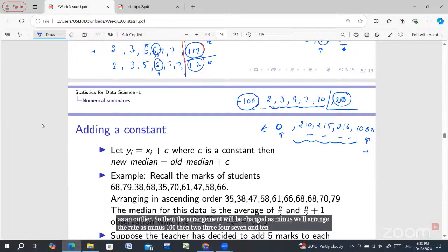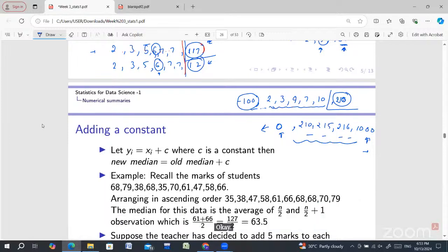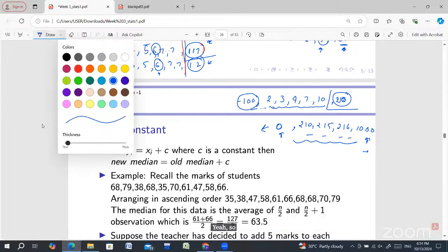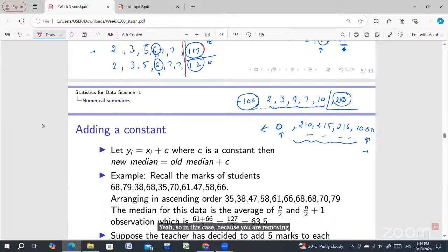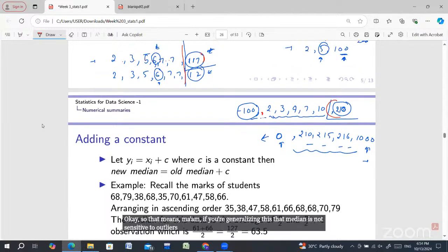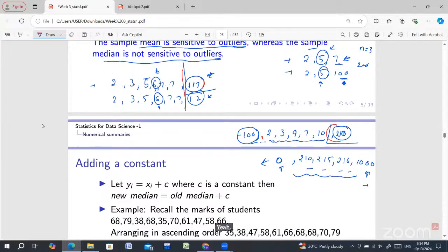So in this case the median will change. So if you're generalizing, saying that median is not sensitive to outliers, I think it is not right, because here it is changing.